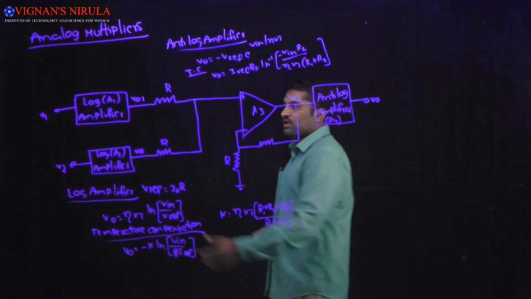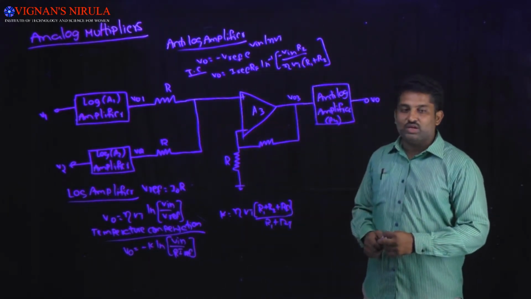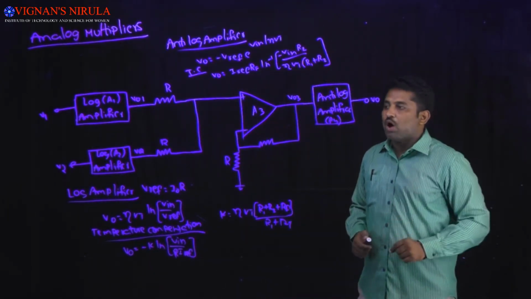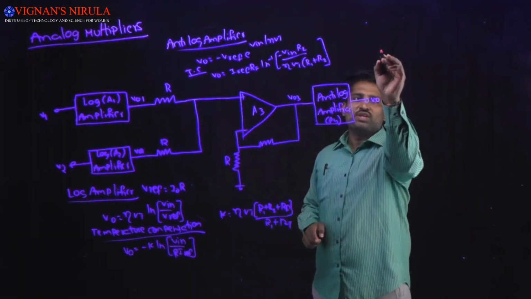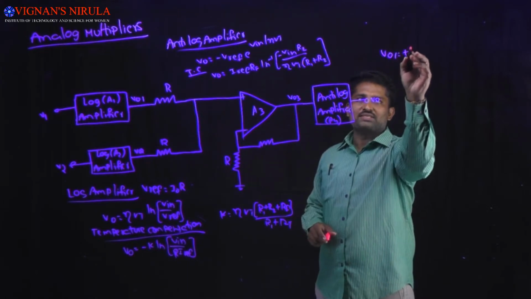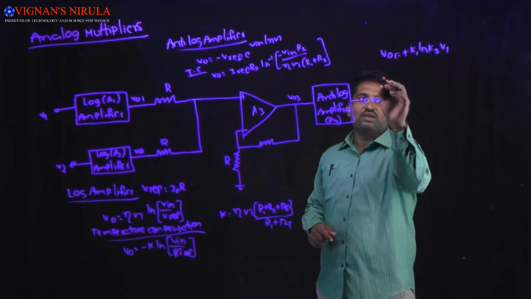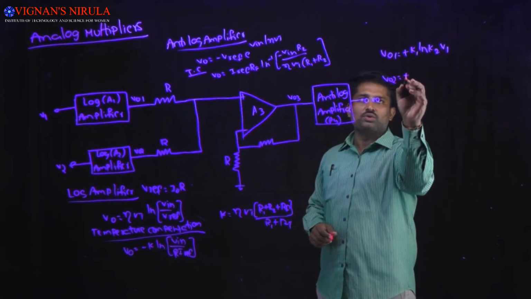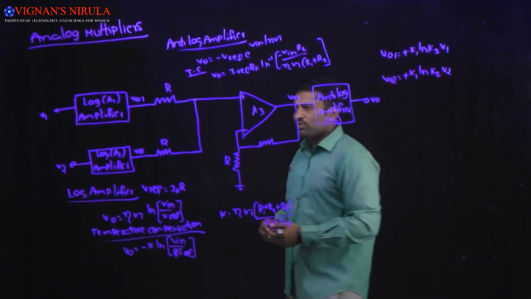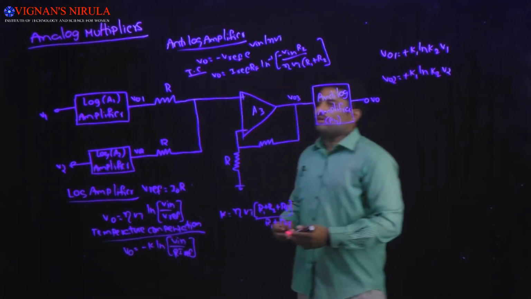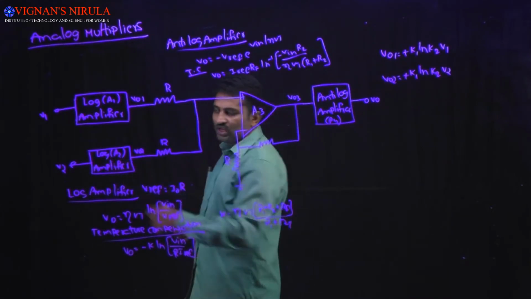So here, from logarithmic amplifier A1 and logarithmic amplifier A2, we produce the output voltages V01 and V02. V01 will be equal to plus K1 into ln of K2 into V1, and V02 will be equal to plus K1 into ln of K2 into V2, where V1 is the logarithmic amplifier A1 input and V2 is the logarithmic amplifier A2 input.